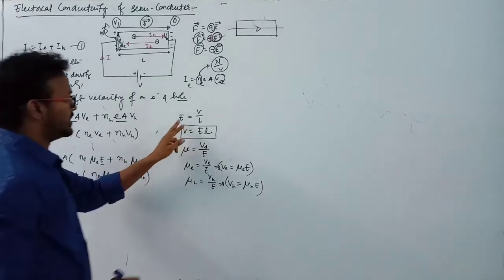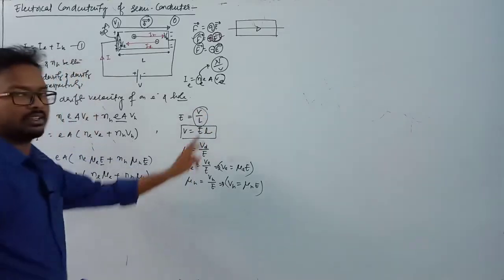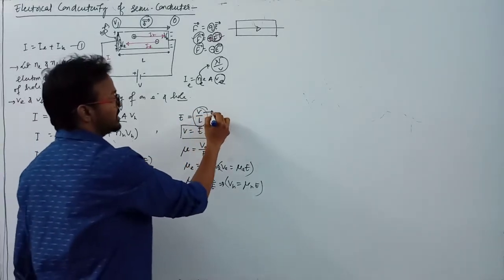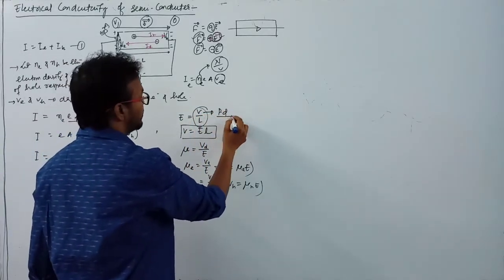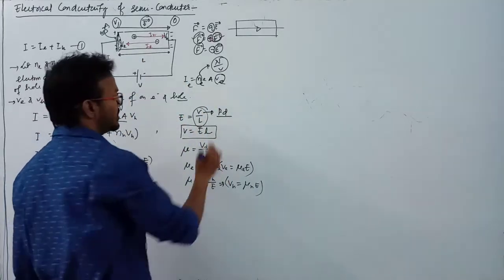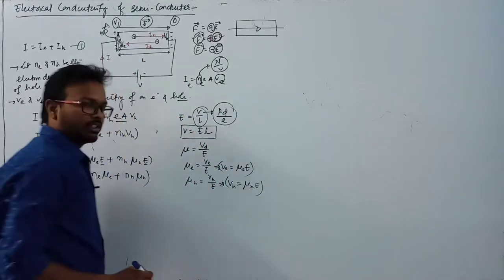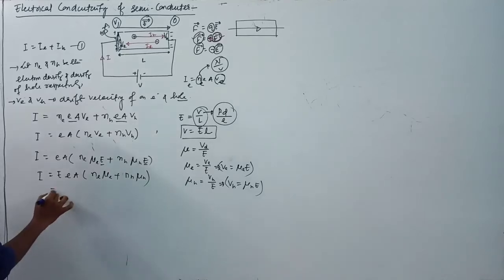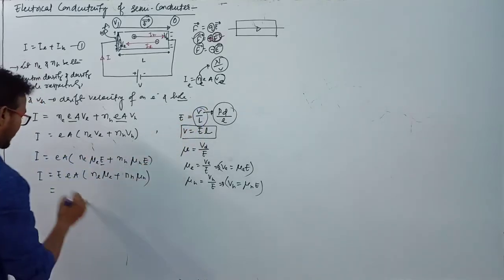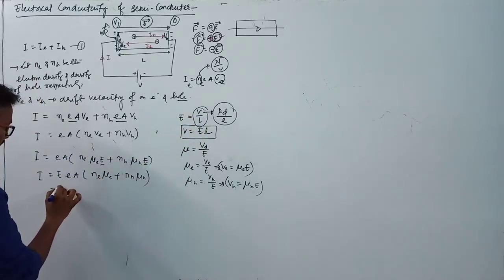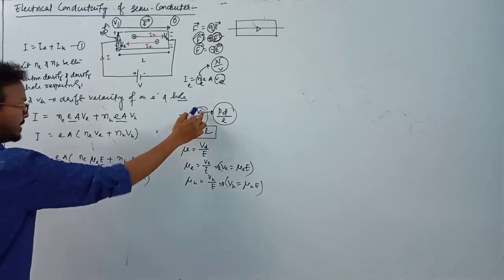But here electric field E equals V by L. What is V? V is not drift velocity. V is the potential difference across the two ends of the semiconductor, divided by its length. So you can replace E with V by L.